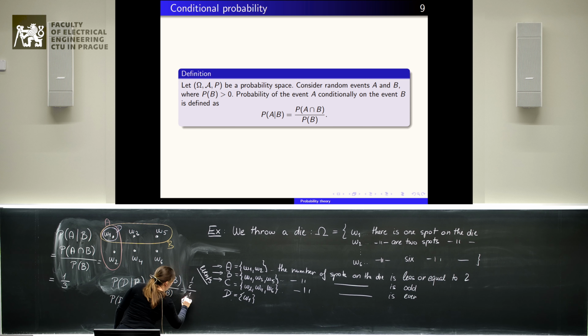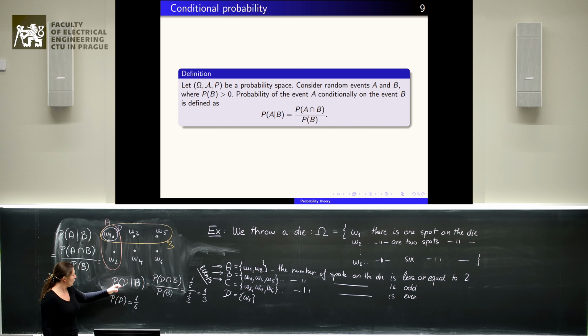So the probability of one spot on the die conditionally on the information that there is an odd number of spots is equal to 1/3.